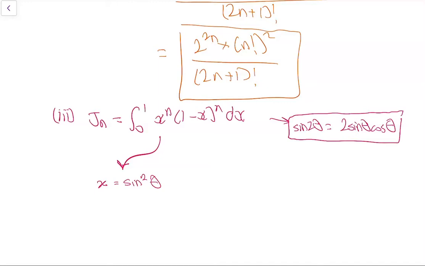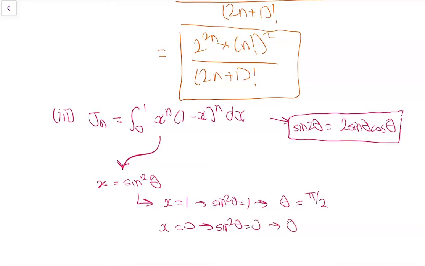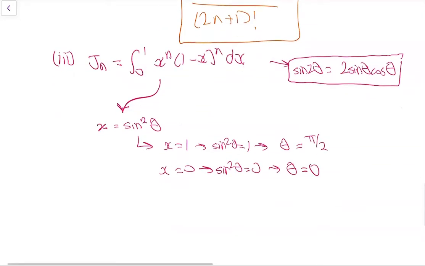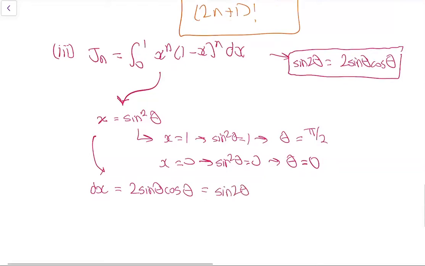If you have a look at the bounds first, when x equals 1, sine squared theta equals 1, so we can make theta equal pi over 2, and when x equals 0, sine squared theta equals 0, so the bounds are 0 and pi over 2. And to find dx, we have 2 sine theta cos theta using power rule and chain rule. And this is the same as sine 2 theta using the double angle formula.